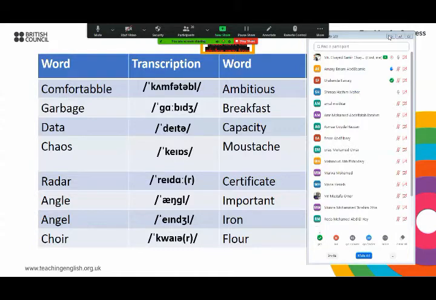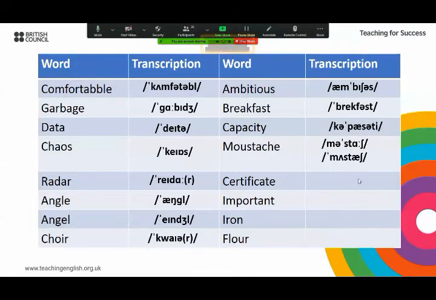Okay, Mrs. Muna. Okay, it's not certificate. It's certificate, like that. Certificate. Okay.